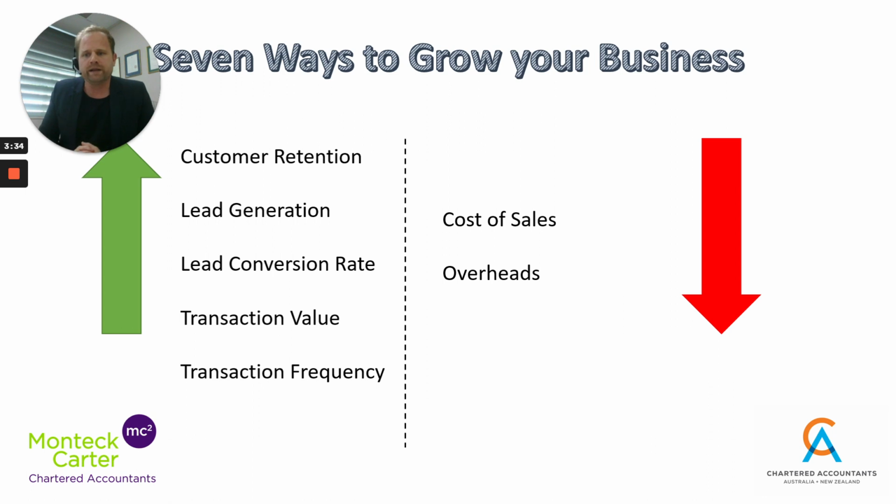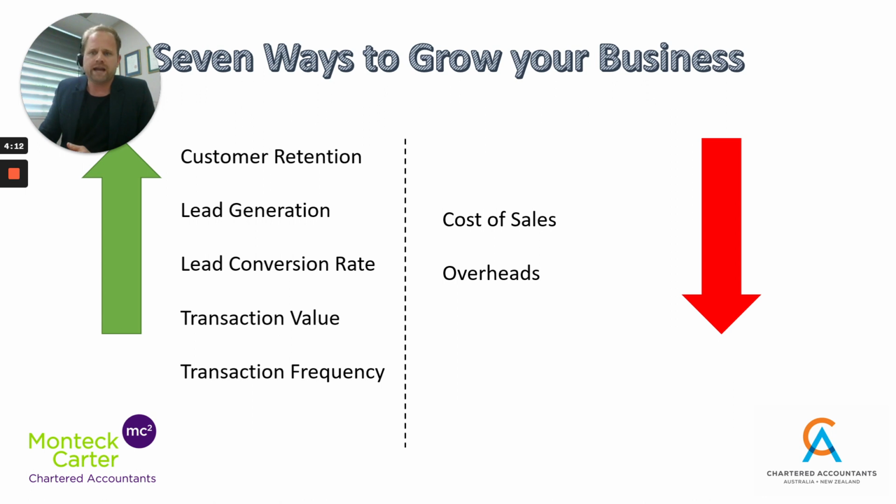Let's say, for example, we identify that within our organization there's an opportunity to outsource, perhaps an administration role, we can actually reduce costs. That's obviously going to increase our profit. So that's the 7 ways to grow your business, and it gives you an overview of how you can increase the utilization of your assets, and also make it more efficient.